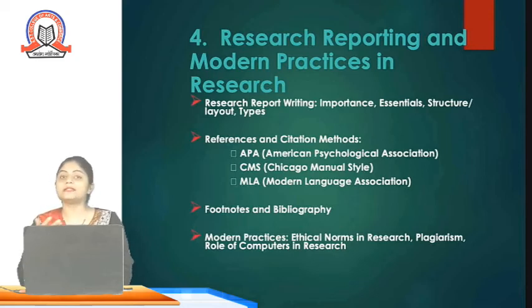These are the 3 styles of writing the bibliography. Nowadays, many of the researchers are using APA, American Psychological Association. That is name of the author, name of the book, on which page number, which year of publication, everything in detail we need to mention in the bibliography, which references we have used in our research report.